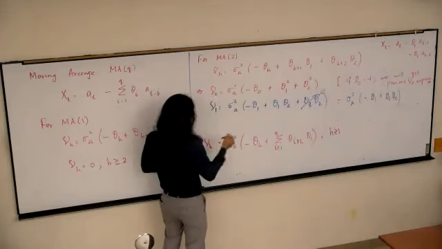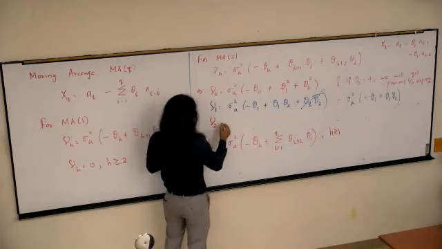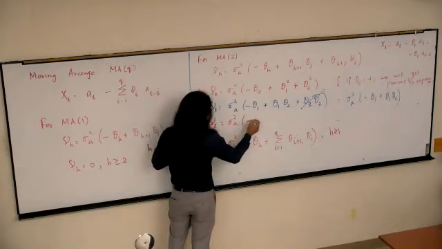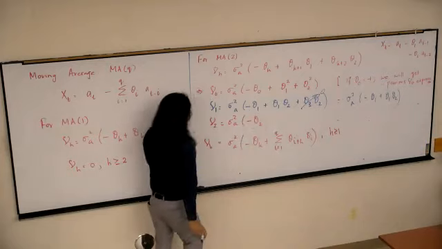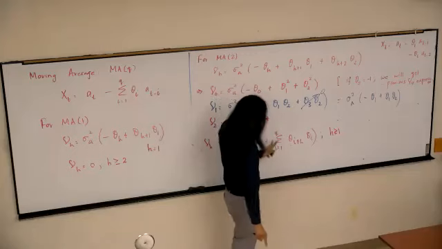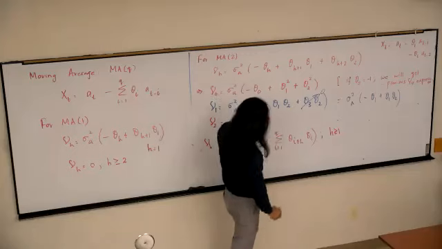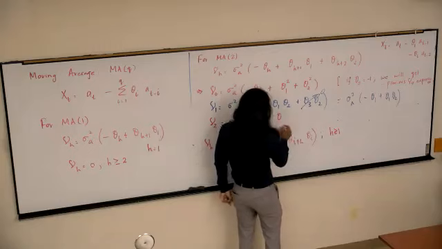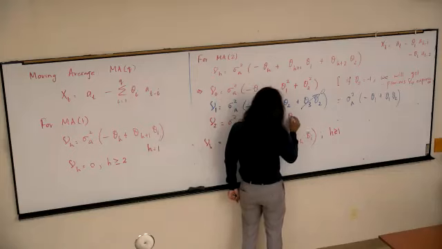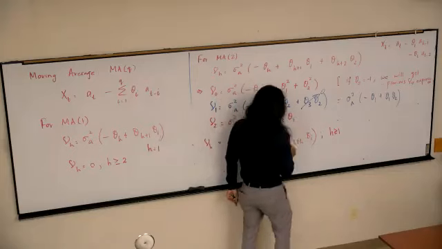That is the expression that we had for gamma 1. And onward to gamma 2: sigma squared a times minus theta 2, h is 2, plus the sum i equals 1 to 2, so theta 2 plus 1, 3, times theta 1.